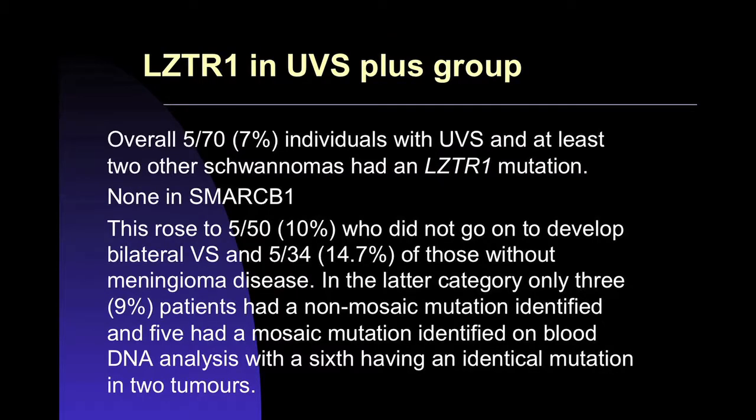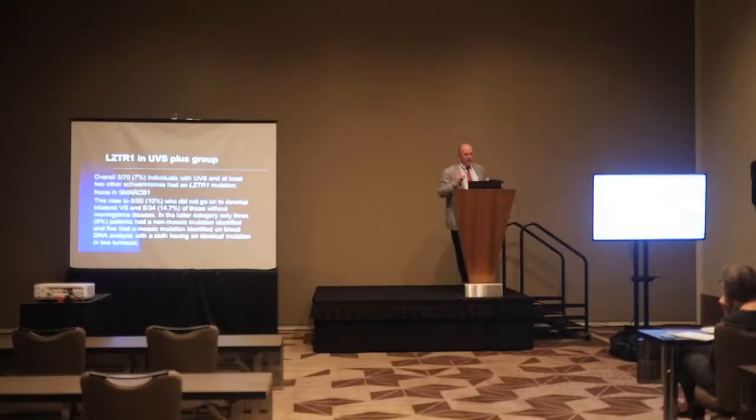But in LZTR1 there is clear evidence that you get vestibular schwannomas. So 5 out of 50 people who had a unilateral vestibular schwannoma, 2 other schwannomas, had an LZTR1 mutation. And actually a germline LZTR1 mutation in all the cells was more common than an NF2 mutation in all the cells when you confined it to people with a unilateral schwannoma, 2 or more other schwannomas, and no other NF2 features.